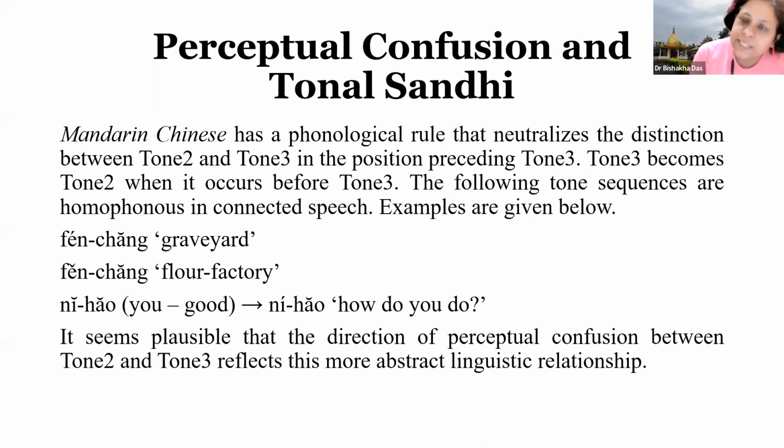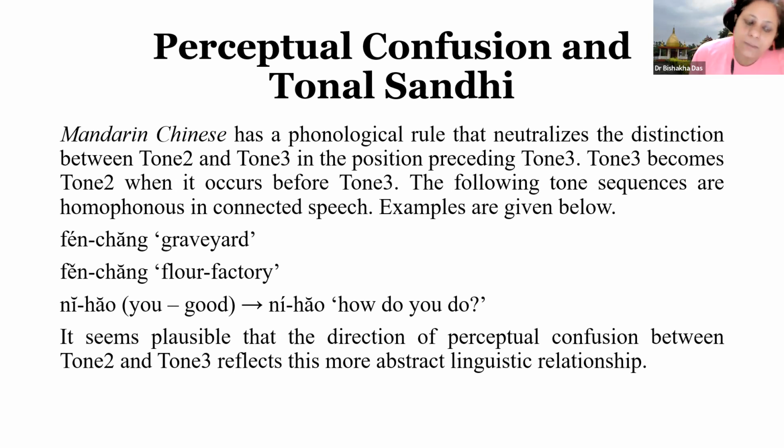He says that the speakers tend to misidentify tone 2 as tone 3. So this is the perceptual confusion. Now the asymmetry of this perceptual confusion, he says, is difficult to explain in terms of the physical similarity of their fundamental frequency contours.